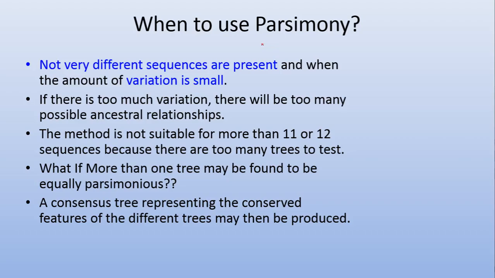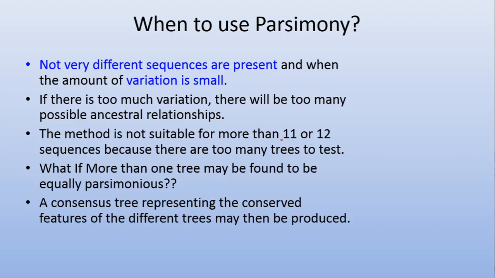There is also a limitation on how many sequences there should be if you are using maximum parsimony. For example, this method is quite suitable if you have fewer than a dozen sequences for tree reconstruction.